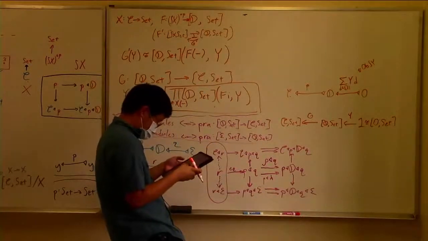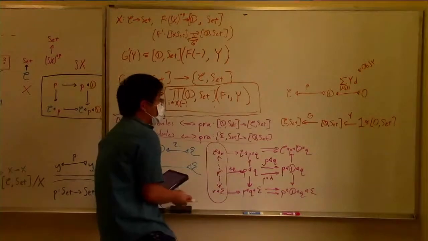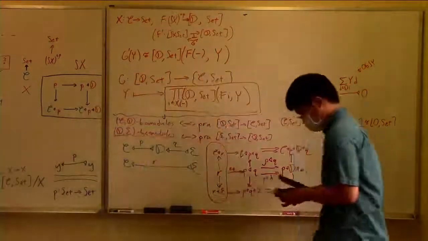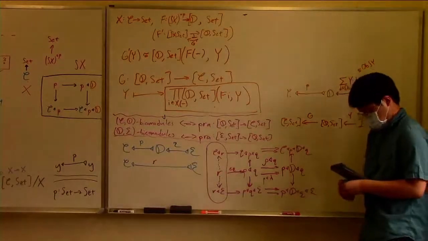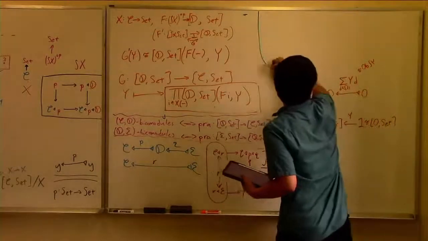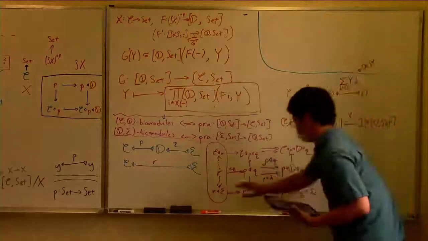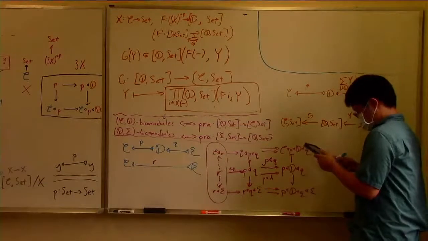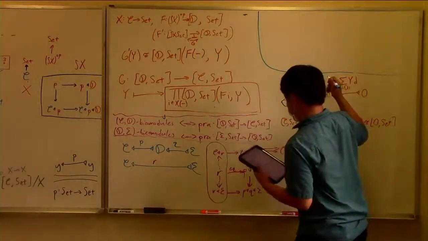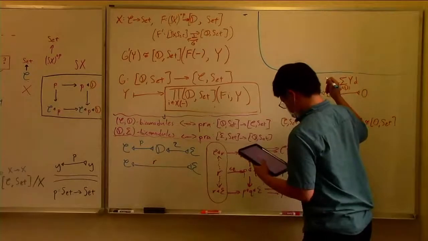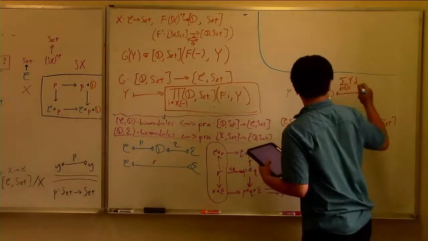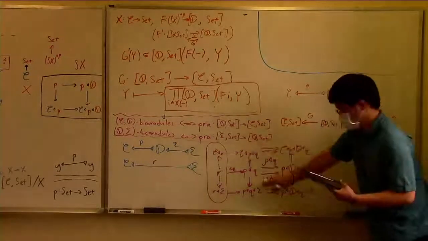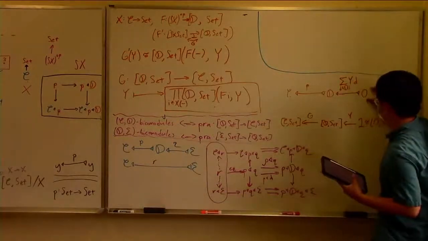And what you end up getting is a diagram that looks a little like this. Right, so we're replacing all the E's with 0, sorry. Still the same C's and D's, but now E is 0.